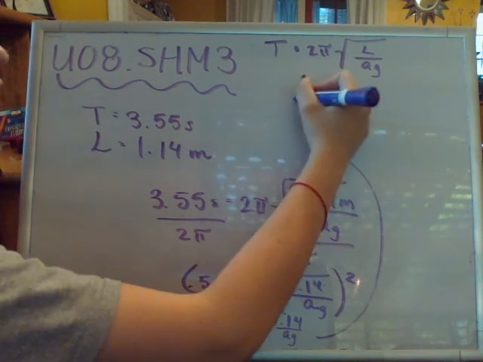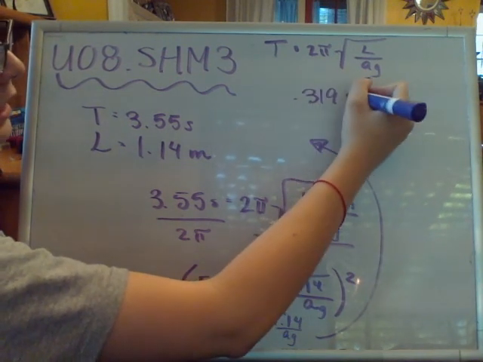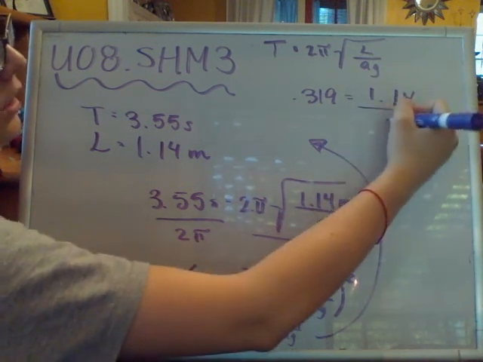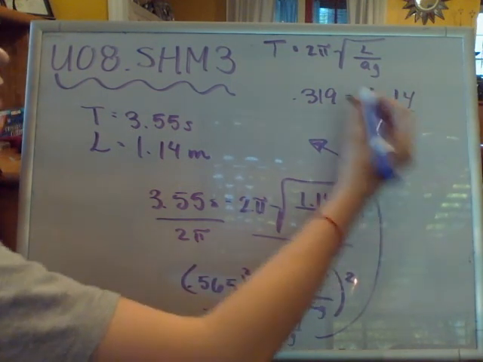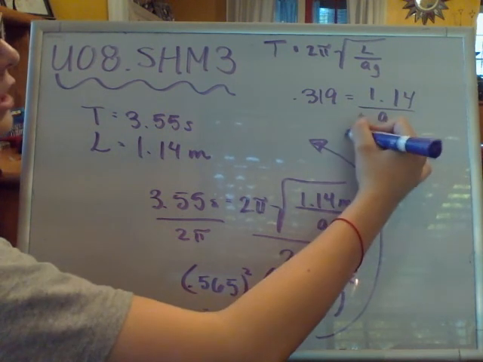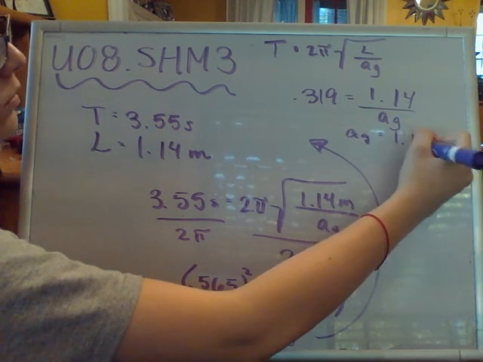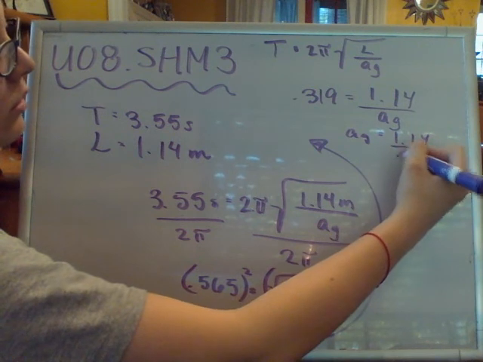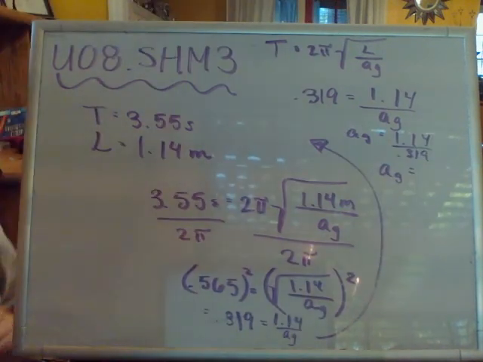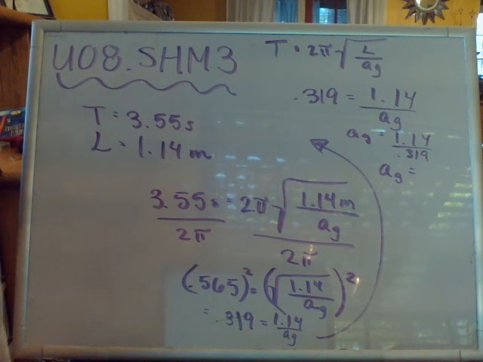So now we have 0.319 is equal to 1.14 over g, and if we switch them, g is going to equal 1.14 divided by 0.319.